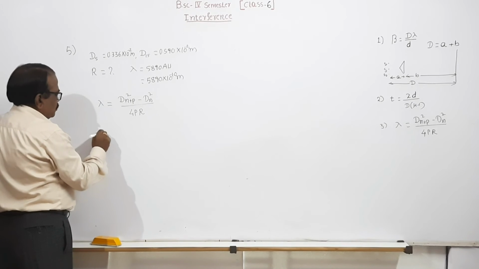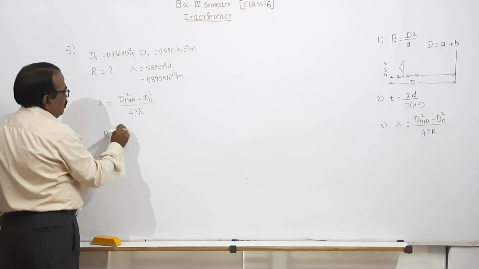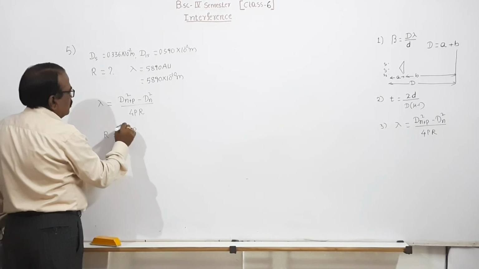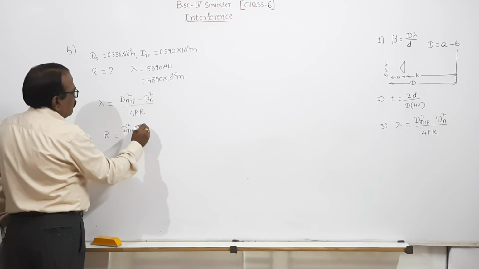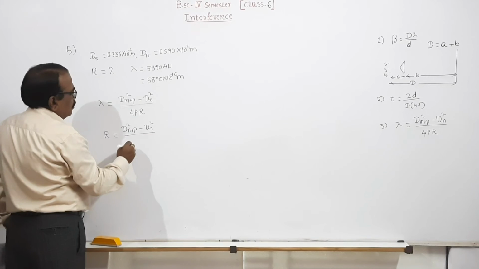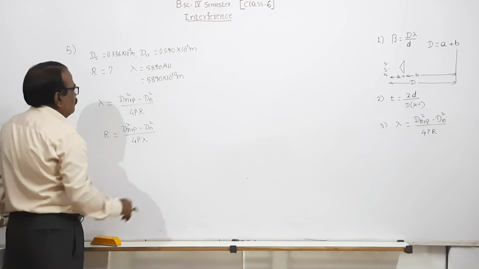Your R is D n plus p whole square minus D n square, that divided by 4p lambda.